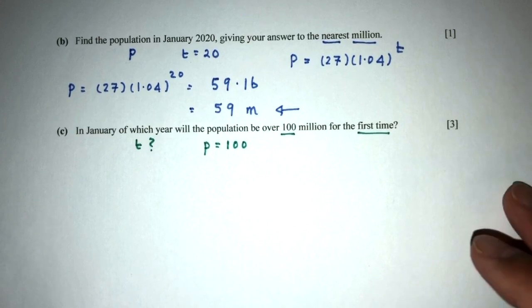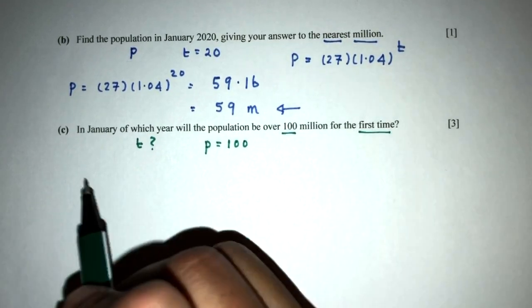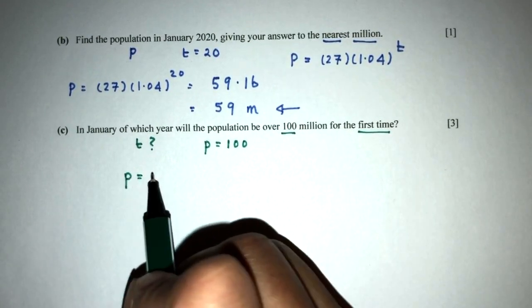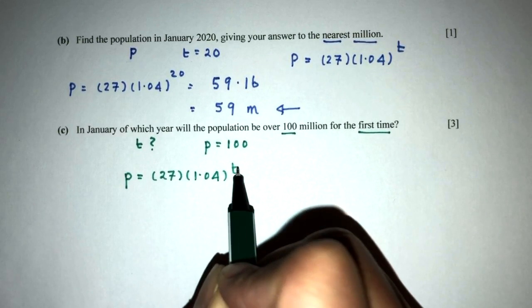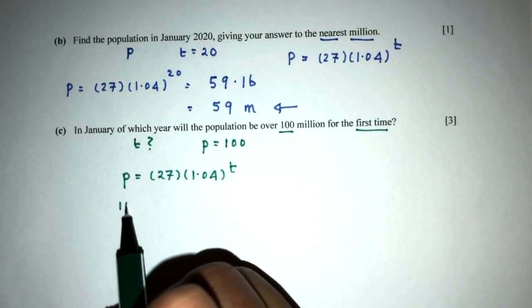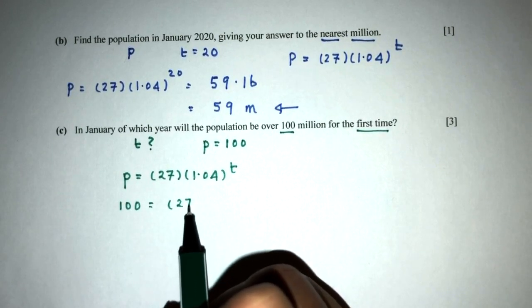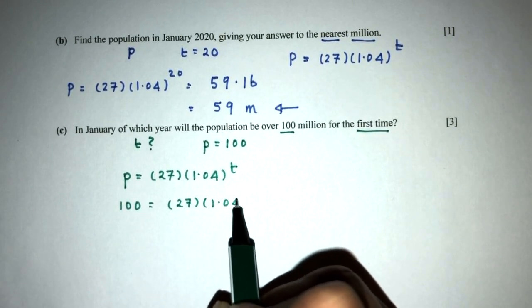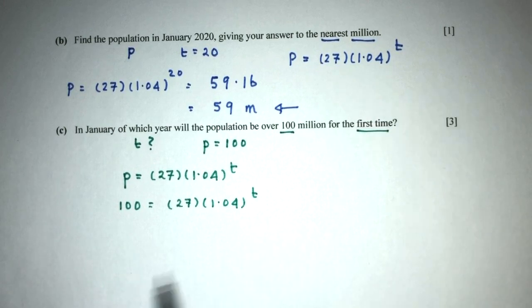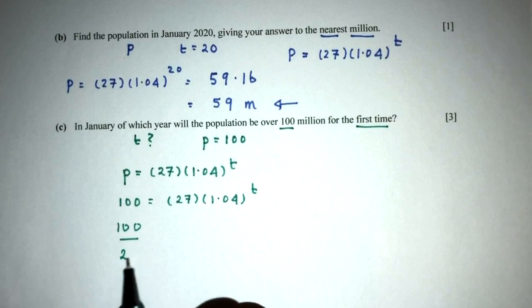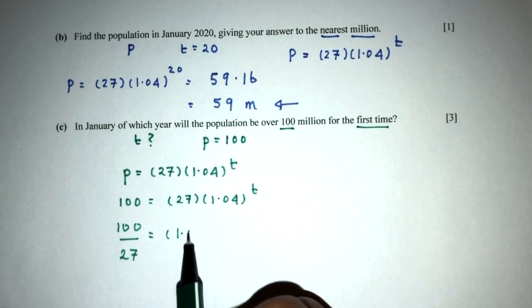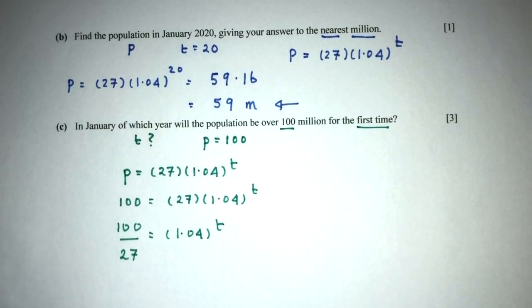Again, we have the same equation, P equals 27 times 1.04 to the power t. Replace P here with 100, so 100 equals 27 times 1.04 to the power t. Divide by 27, and you have 100 over 27 equals 1.04 to the power t.